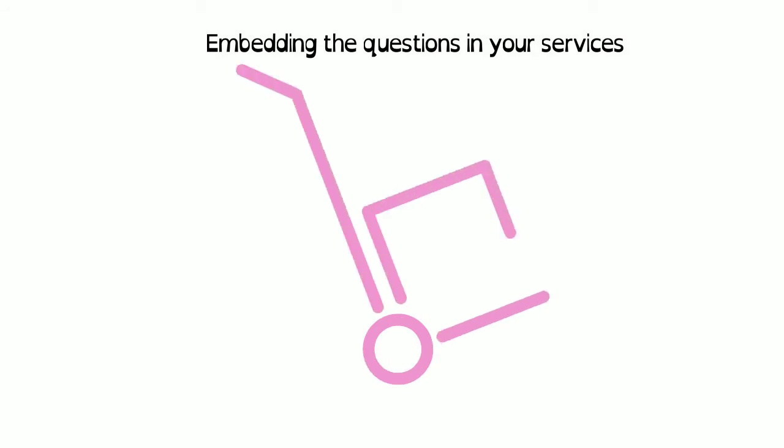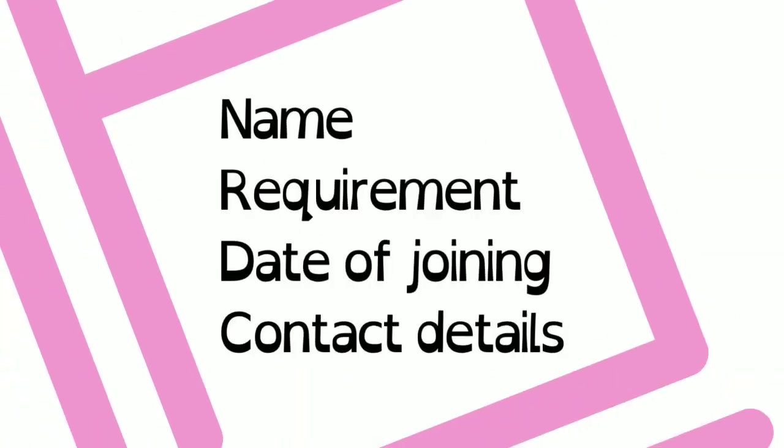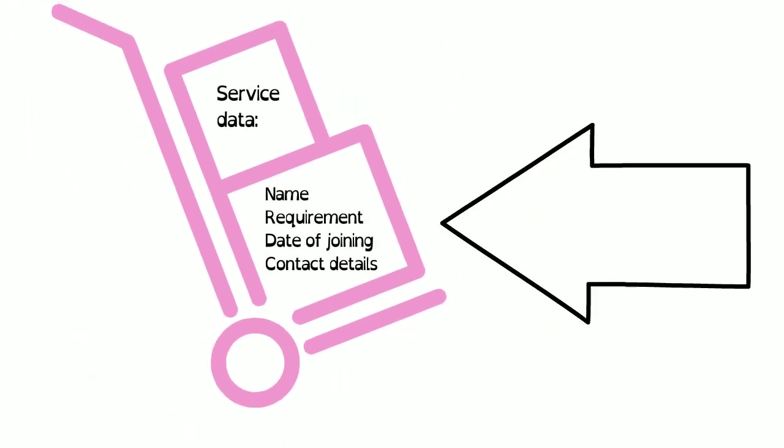By embedding the questions within your existing service practices, you will increase the data you collect because it will become second nature for your people to ask and seem like it's just part of the service to your service users. But what does that look like?